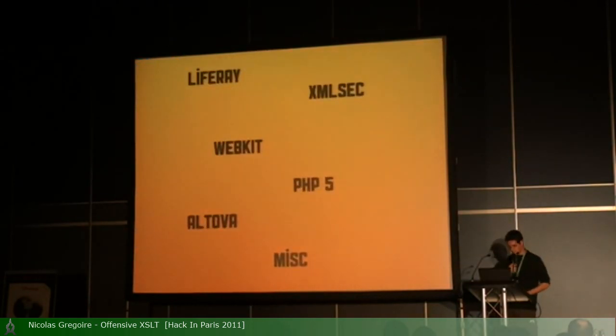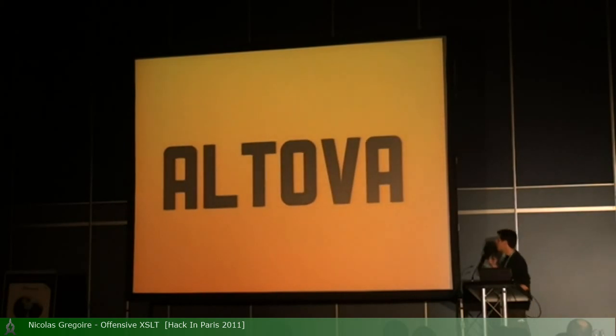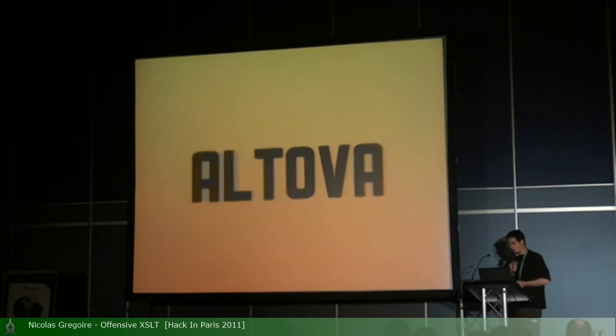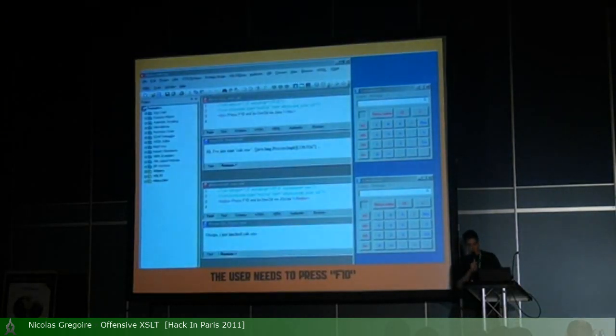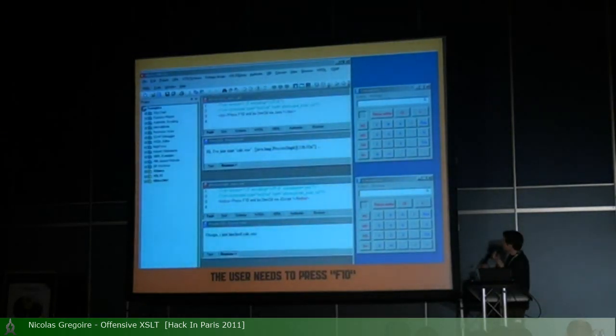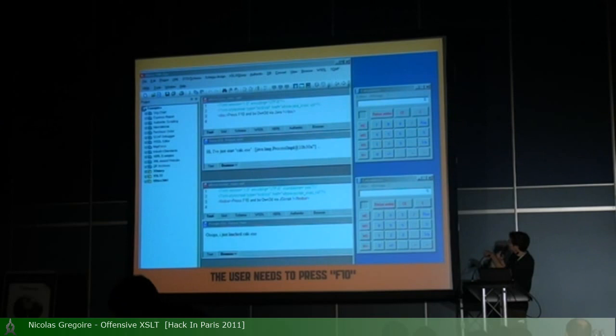Okay, something else. Altova. So Altova is a tool which is used to design XML files or web service contracts, WSDL files, for example. It's very feature-rich. And here a small screenshot where I can execute a calc either from Java or from GScript.